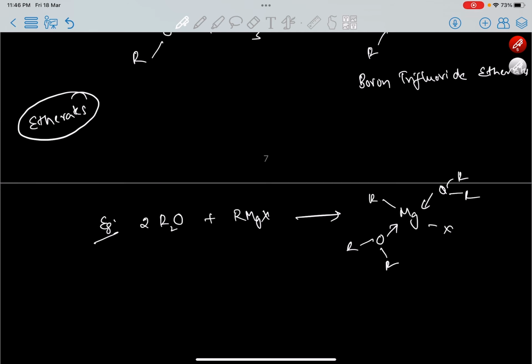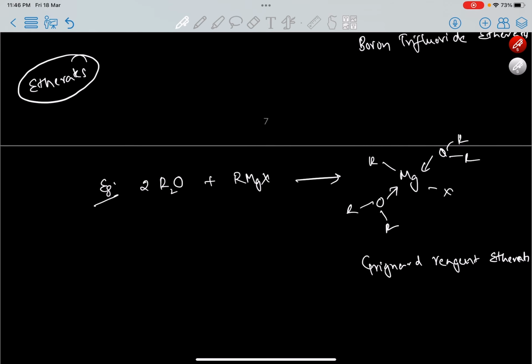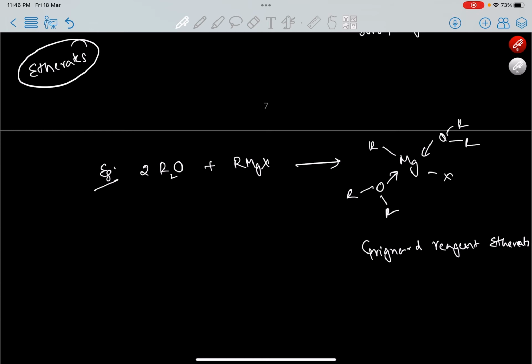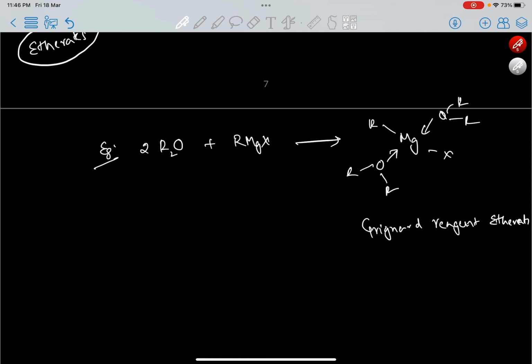So this is called Grignard reagent etherate. That means ethers can form etherate complexes when they combine with Lewis acids. So here RMgX is a Lewis acid, so that's why it forms etherate complex.